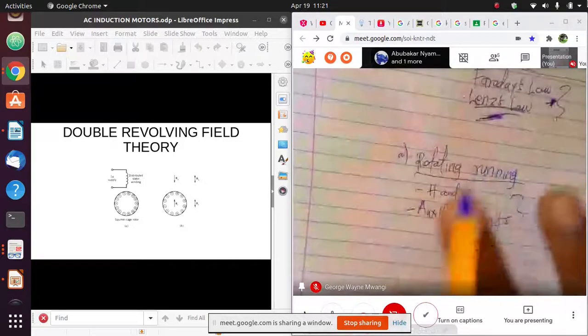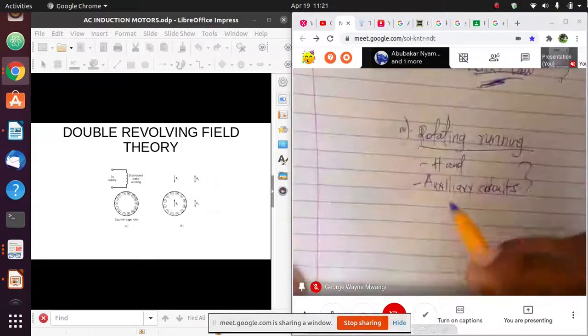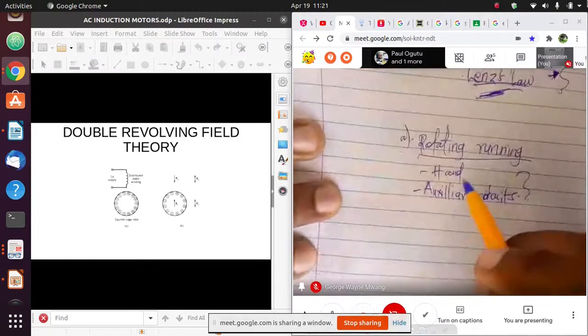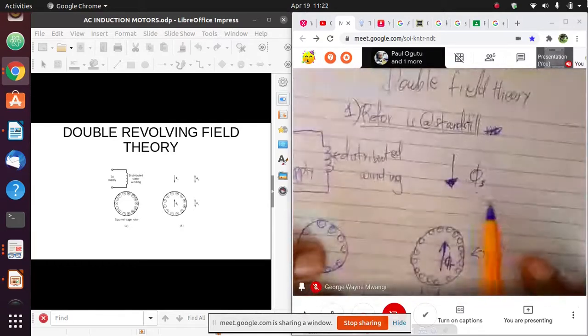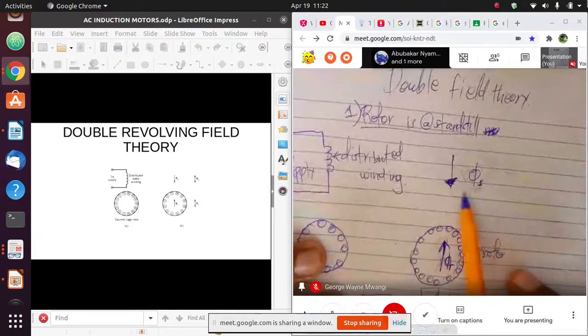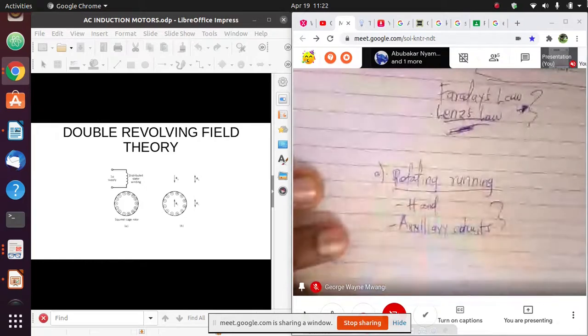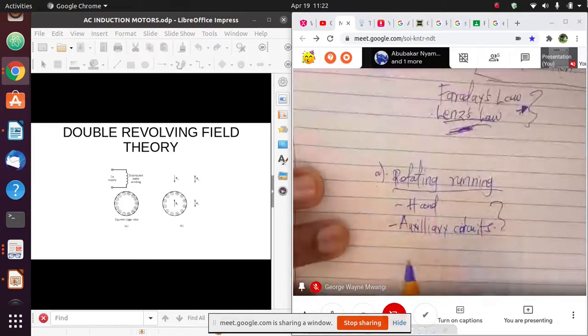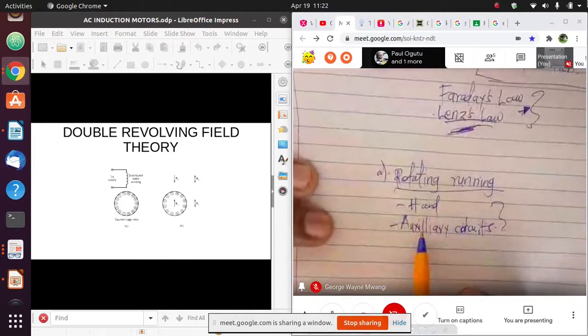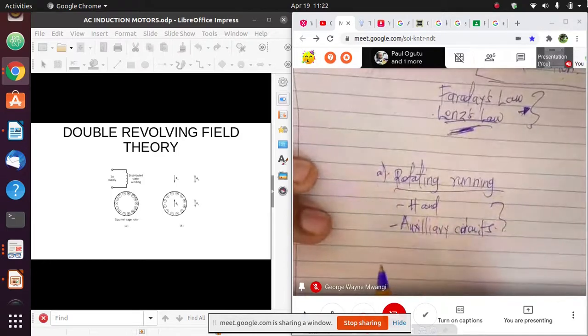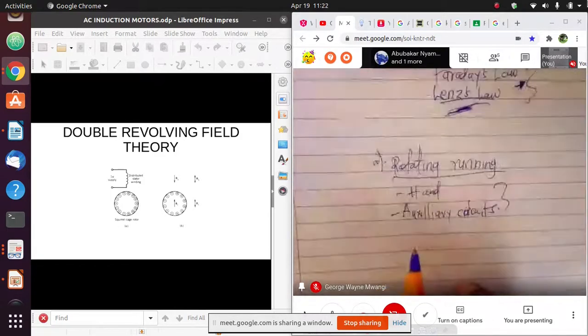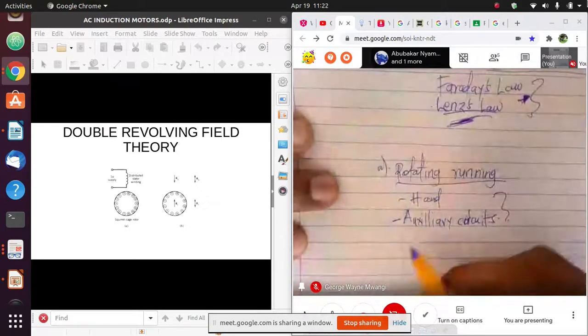This phi, the flux produced by the single phase supply, which is connected to the stator, can be visioned, and it can be seen to be two equal rotating fields.